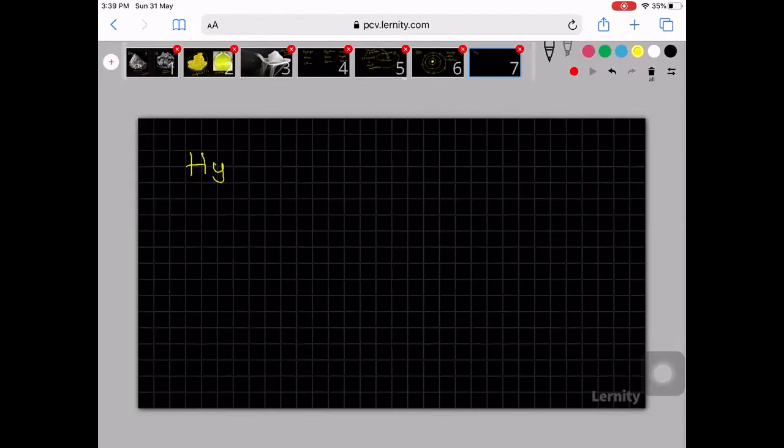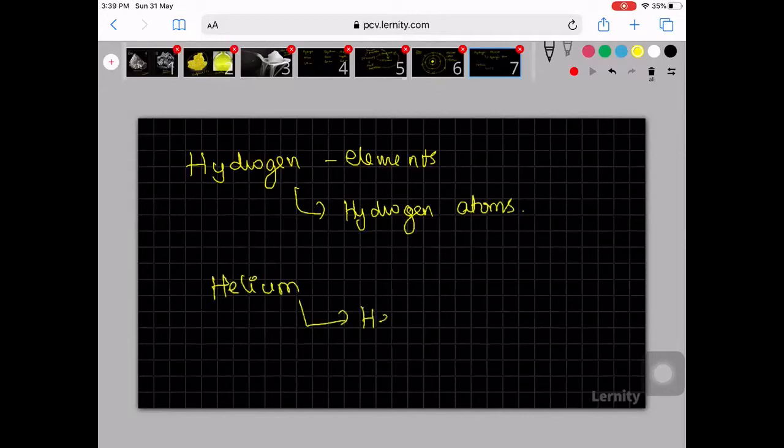And if you take another element called helium, the helium element is made up of helium atoms. Clear? So you understand how a hydrogen atom and a helium atom look. Clear? Now we'll see how an atom is.